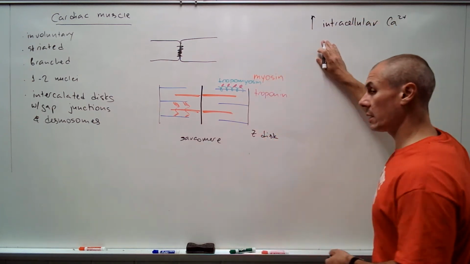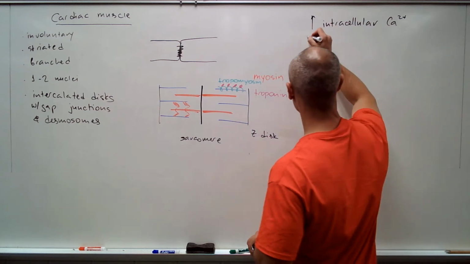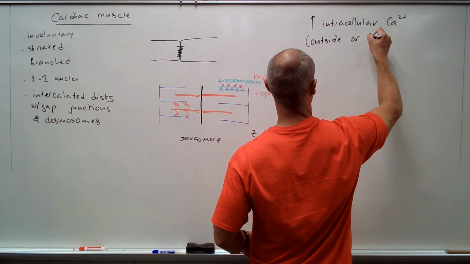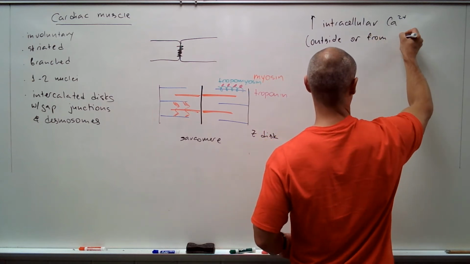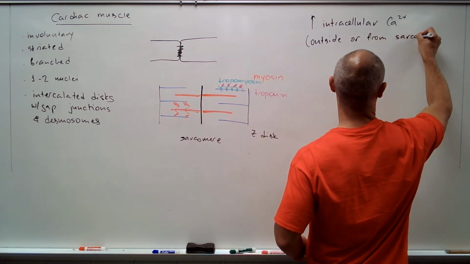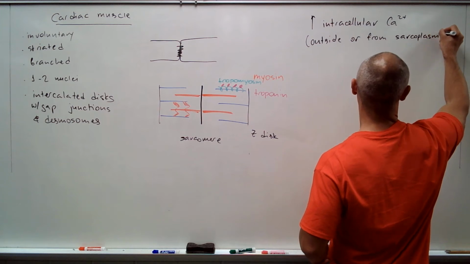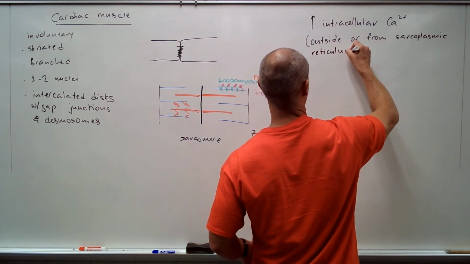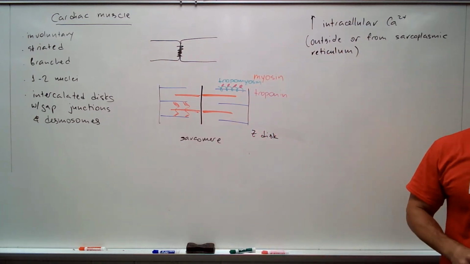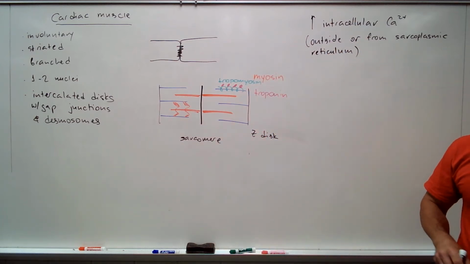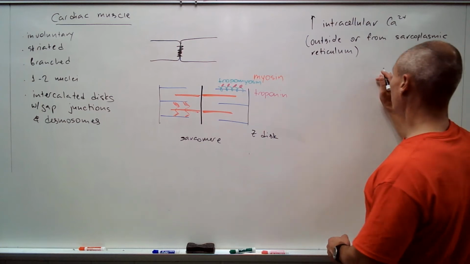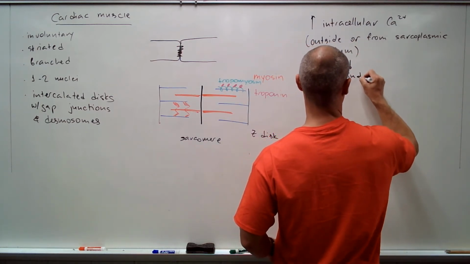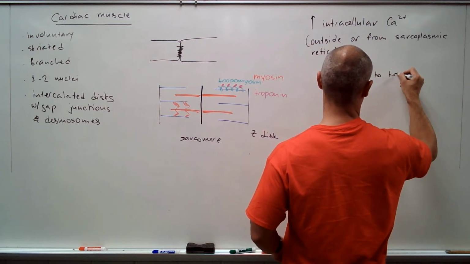Now, where this calcium can come from? Outside or from sarcoplasmic reticulum. Does that make sense? It all starts with increased intracellular calcium. Calcium binds to troponin.